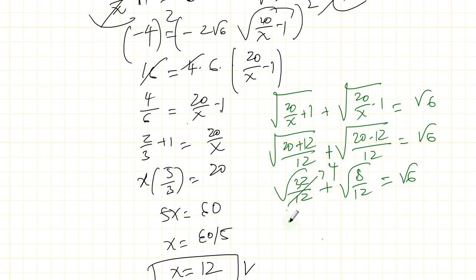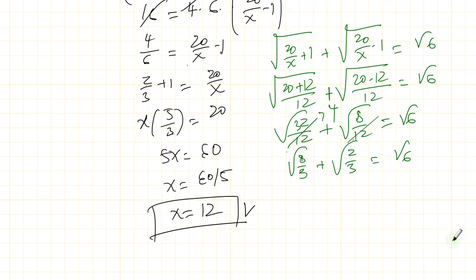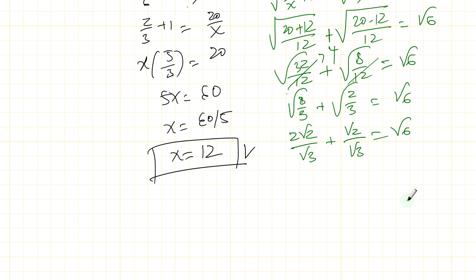We have the square root of 8 over 3 plus the square root of 2 over 3, equals the square root of 6. So now we have 2 square root of 2 over square root of 3 plus square root of 2 over square root of 3, equals square root of 6.